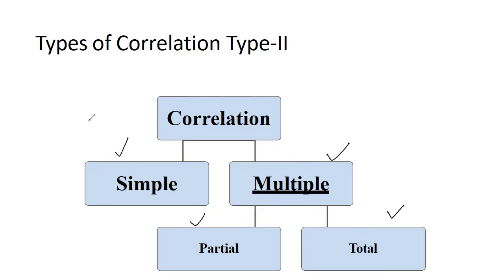Bivariate means there are two variables, like y and x. Multiple means x1 plus x2 plus x3. Is it clear? So we can divide correlation into two parts.